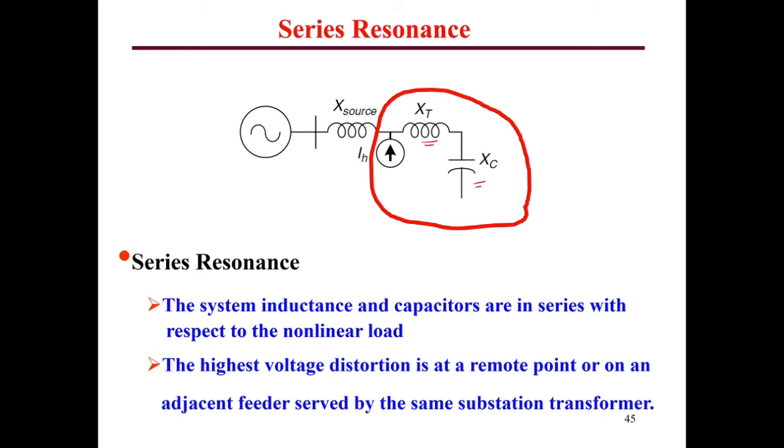Of course, if a series resonance happens in the system, that will cause high voltage distortion. So we need to make sure that the system will not go into series resonance.